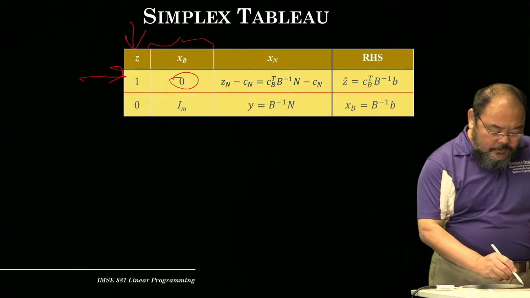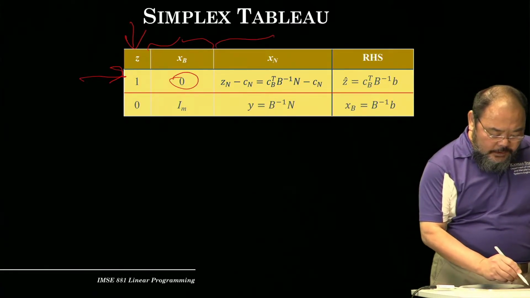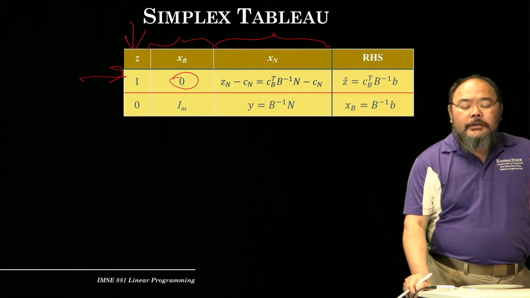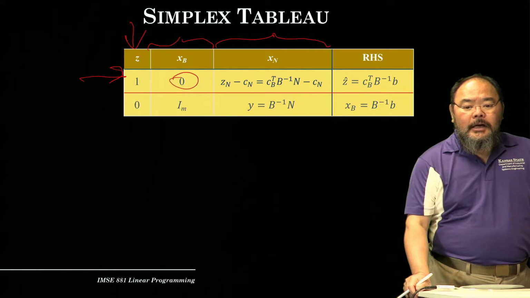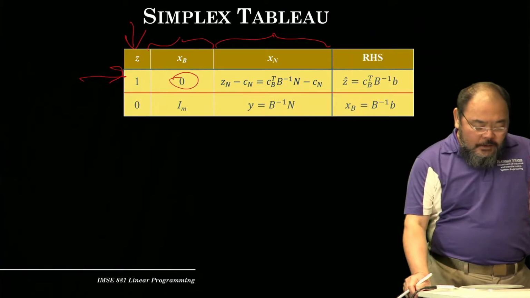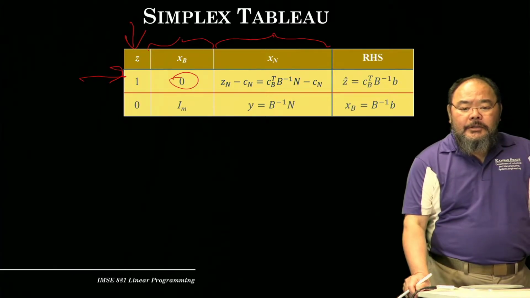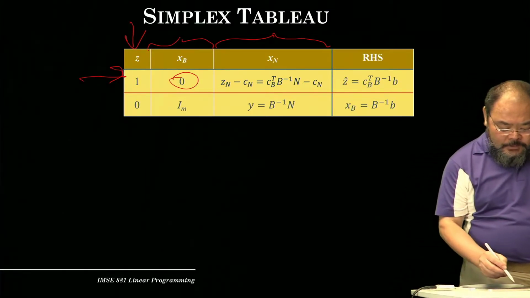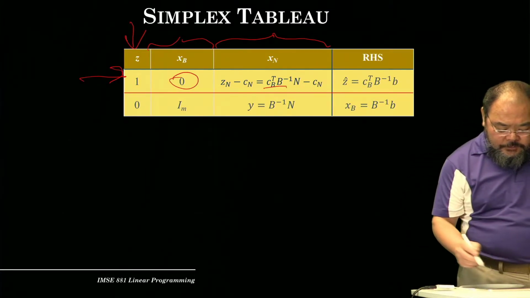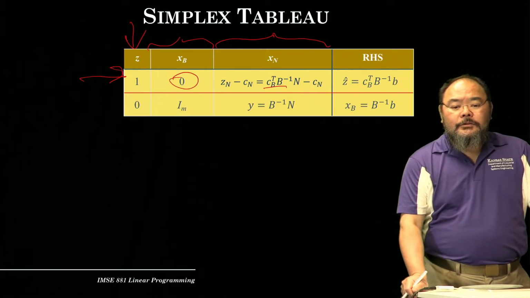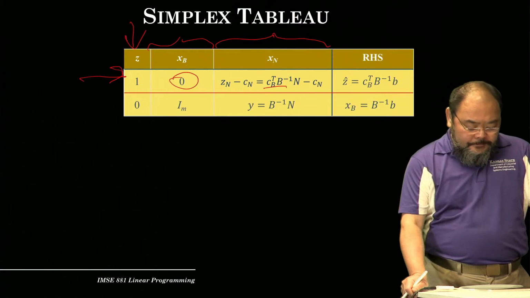Then we have the non-basic variables in this section, and we can calculate their shadow price, called zj minus cj, for each one of them. It's equal to cb transpose times b inverse times n minus cn. And cb transpose times b inverse, later on we're going to tell you that's omega, which is our dual variable.